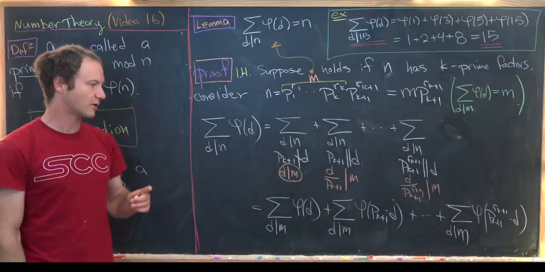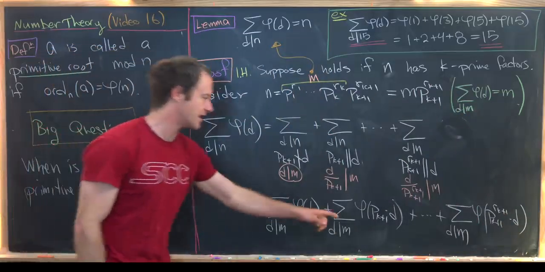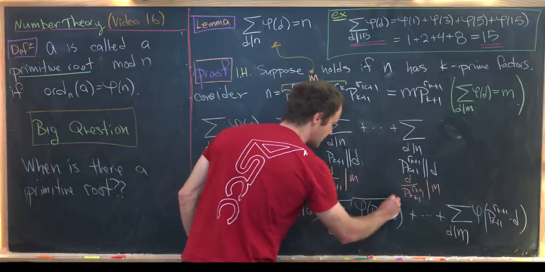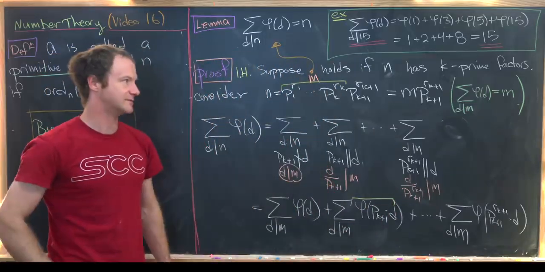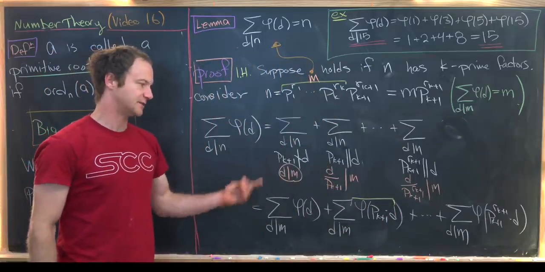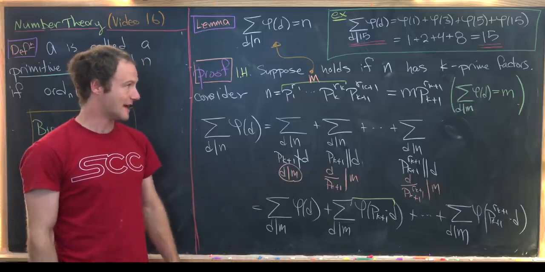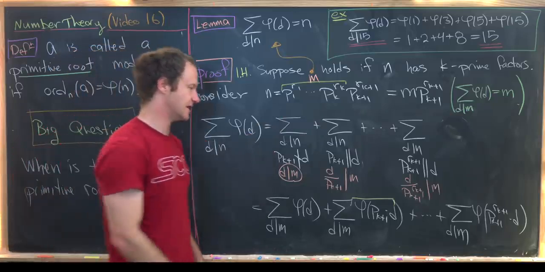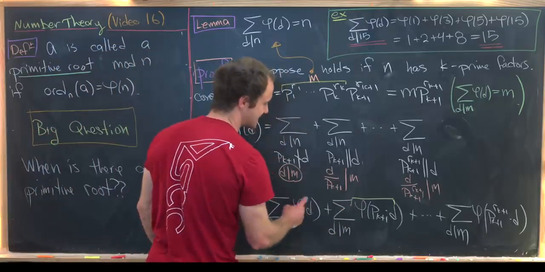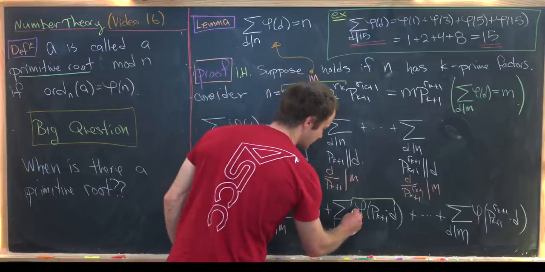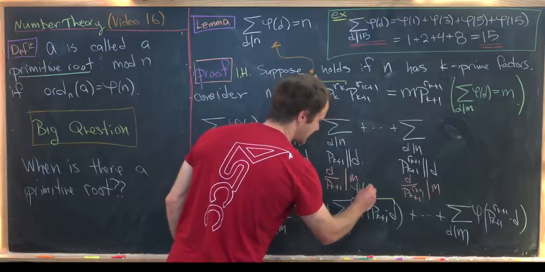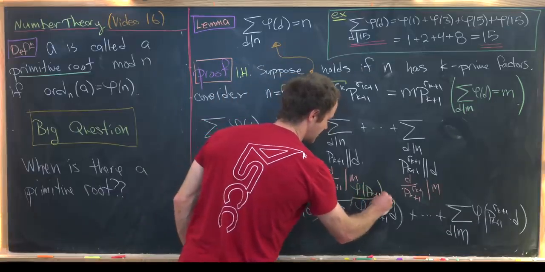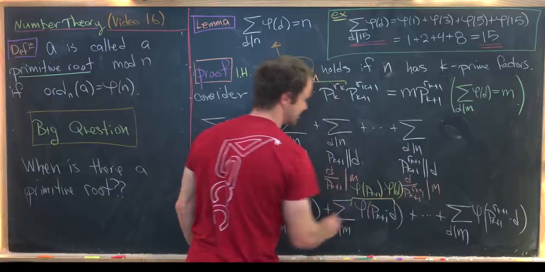Okay, so now before we move on to the next board, I want to notice that this p sub k plus 1 is relatively prime to d. And that's because p sub k plus 1 is relatively prime to m by our construction up here, and d is a divisor of m. And so by the multiplicativity of our phi function, we can take this and write it as phi of p sub k plus 1 times phi of d.